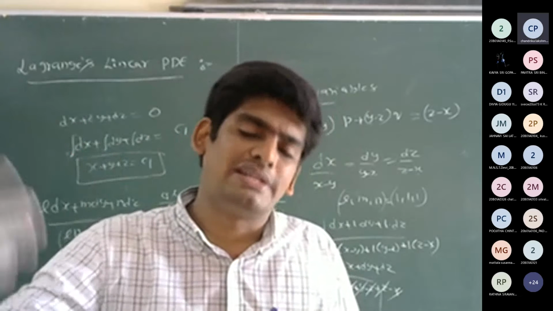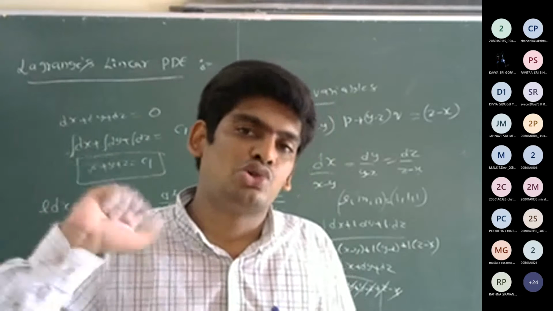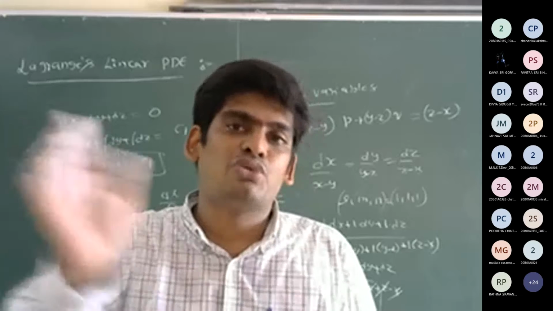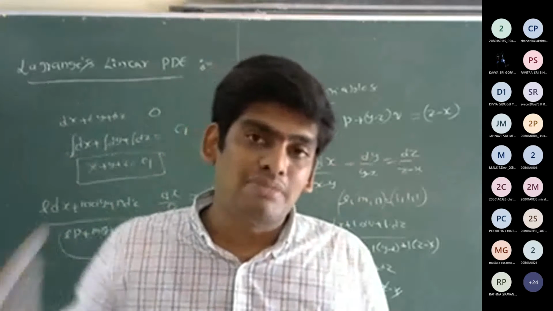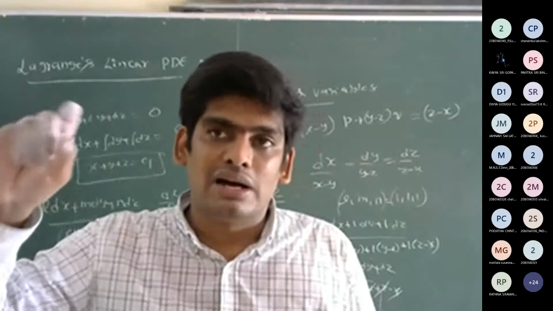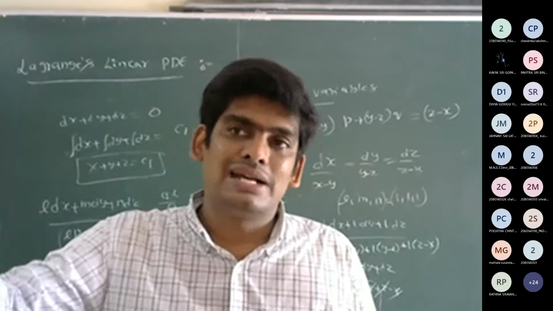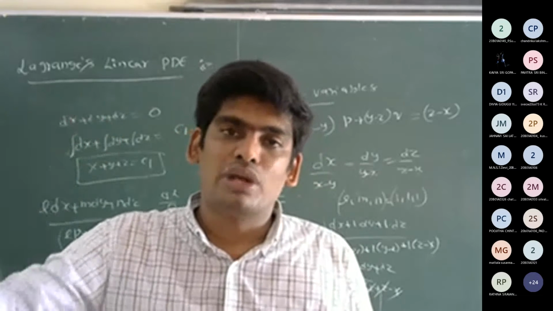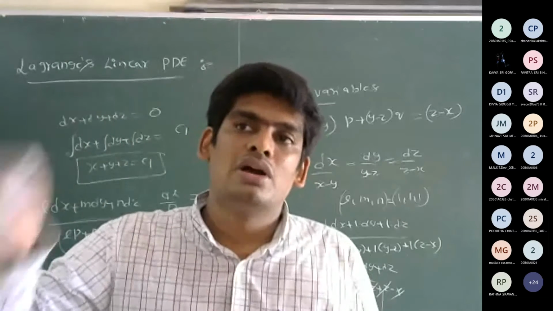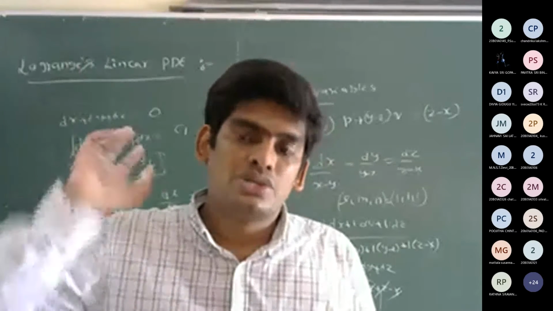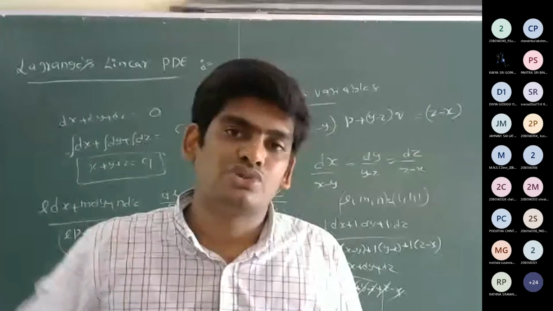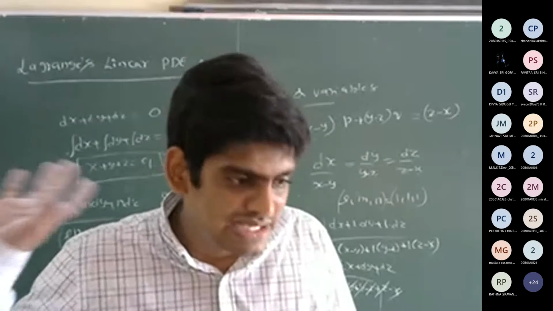In our problems, we will get an idea how to choose the multipliers. The method of grouping is a very easy method, but for the method of multipliers we have to think and work out, and then we will get an idea. Based on the multipliers, we simplify the given problem. Is it clear?